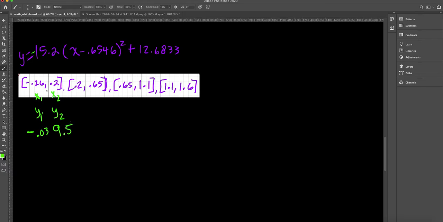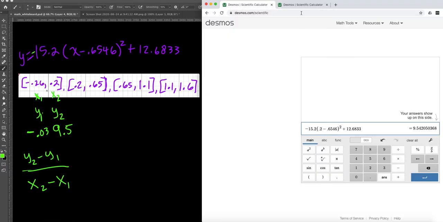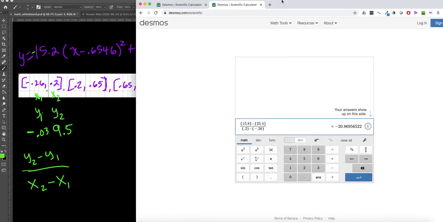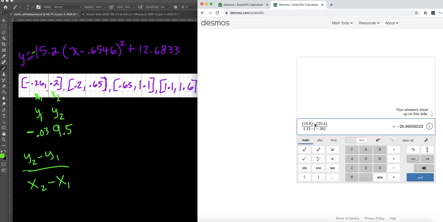Okay, and then we plug that into our y2 minus y1 over x2 minus x1. Okay, and what I do is I open up another tab of the same thing, and I just set up the format like this.